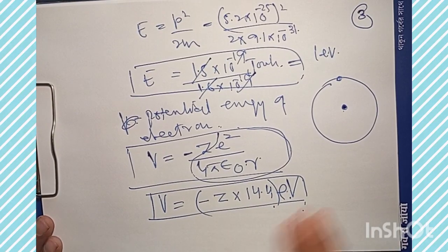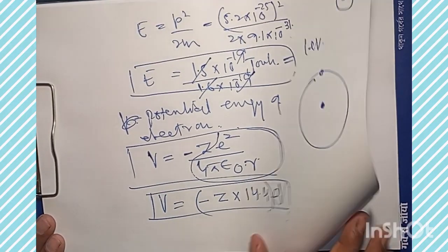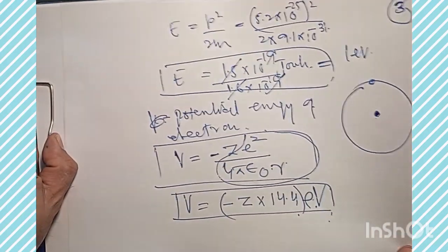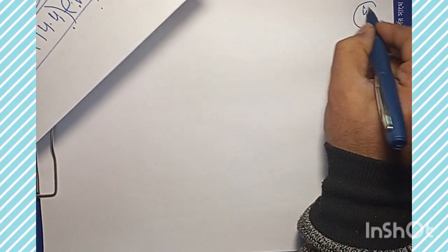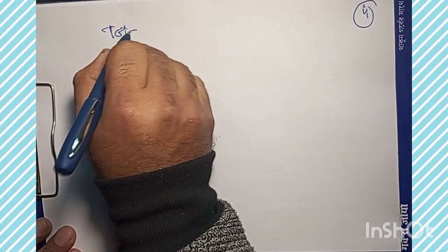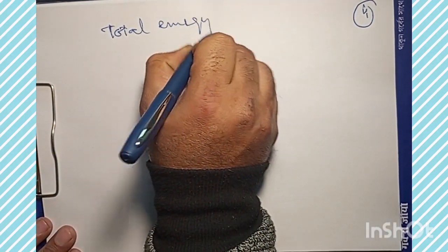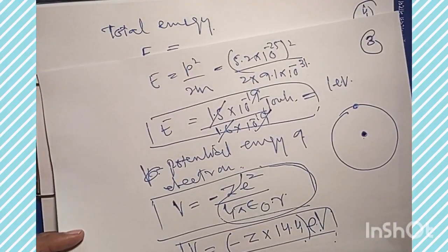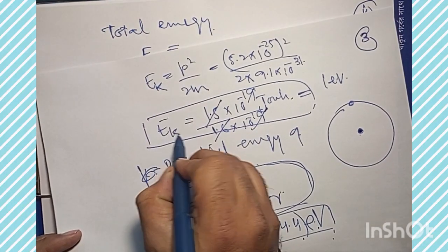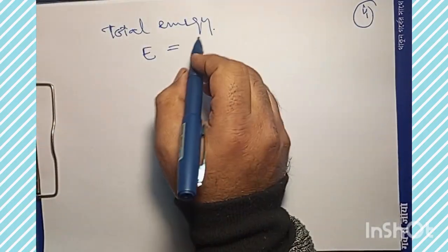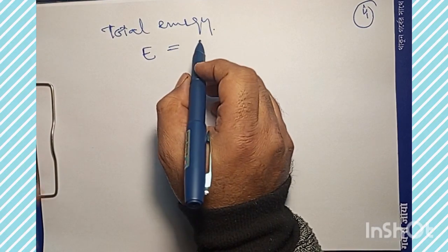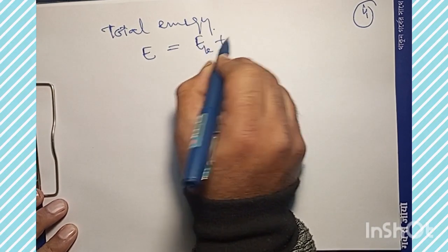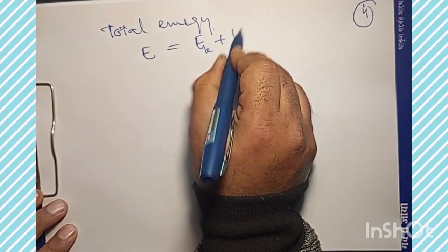Now, the total energy of this system is certainly the sum of its kinetic energy and potential energy. So writing down the total energy, say E. Here I have used a symbol of E, I should use EK for kinetic energy. So E will be for the total energy here. That will be E kinetic plus the potential energy.